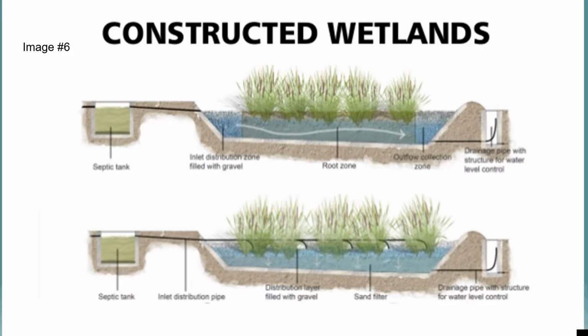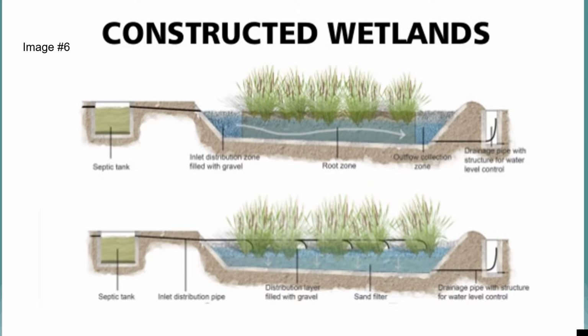In this image, we see a constructed wetlands that is used to mitigate and dilute pollutants from a septic tank. So on the top image there's a septic tank on the left with a pipe leading into a zone of gravel. And then after the gravel, there is an area with the plants, and so the pollutants that would be carried in the water would travel through the root zone, being diluted from the plant roots.